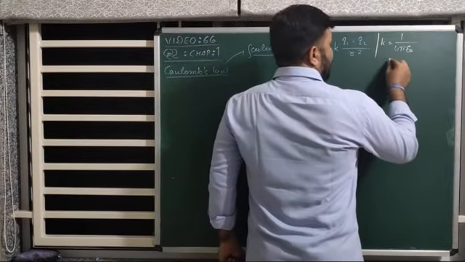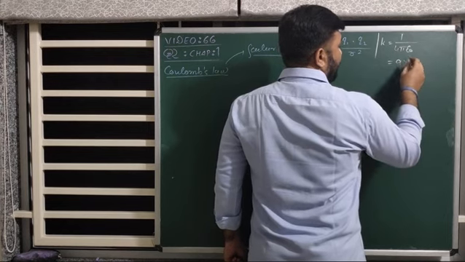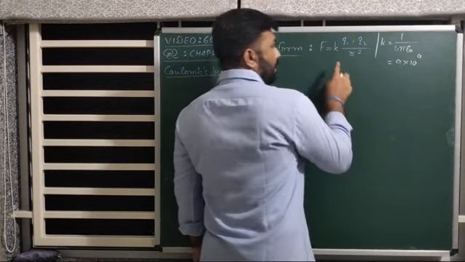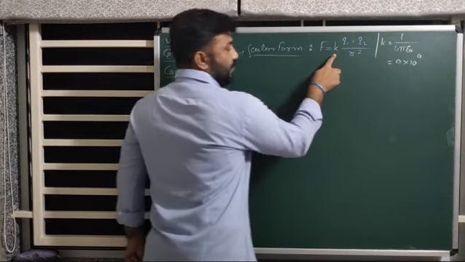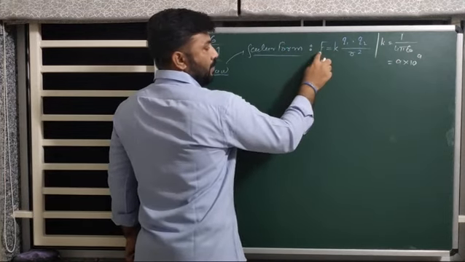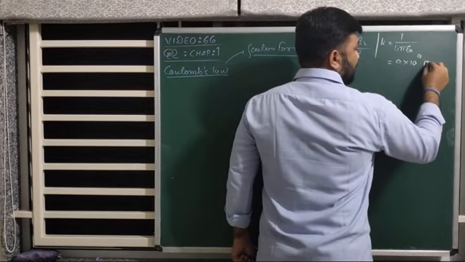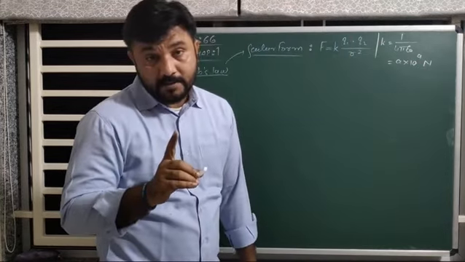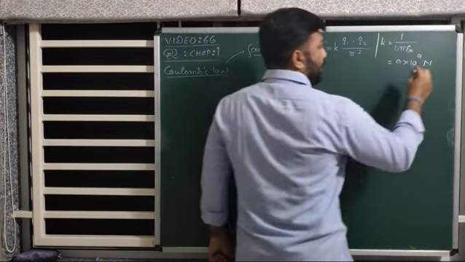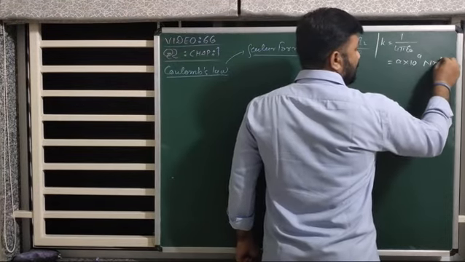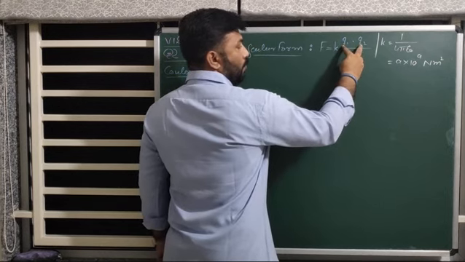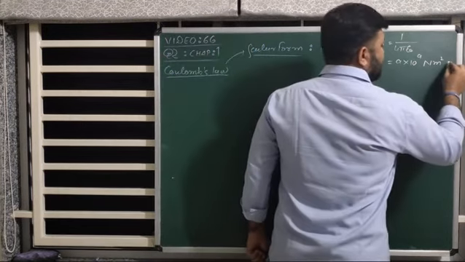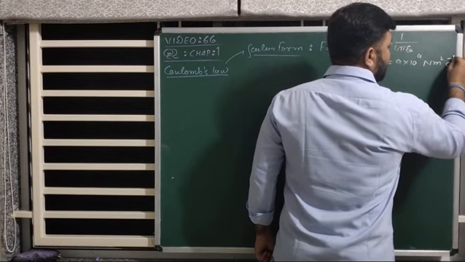And its value is 9 multiplied by 10 raised to 9. K value, its unit. Take r square here. So force is Newton r square. R was the distance, and because of that it is meter square. Coulomb will go here, it will go up, so it is Coulomb minus 2.